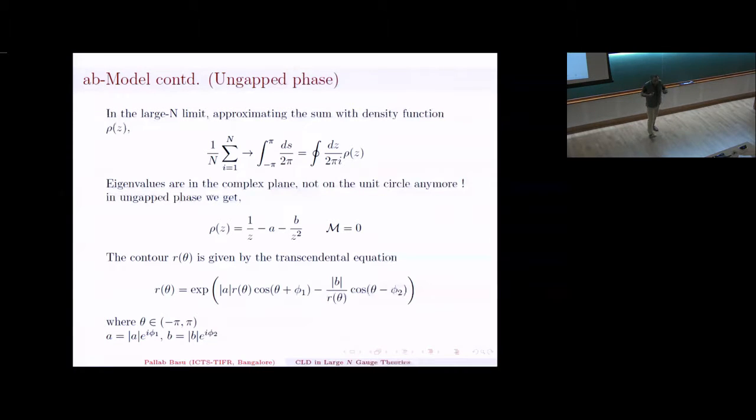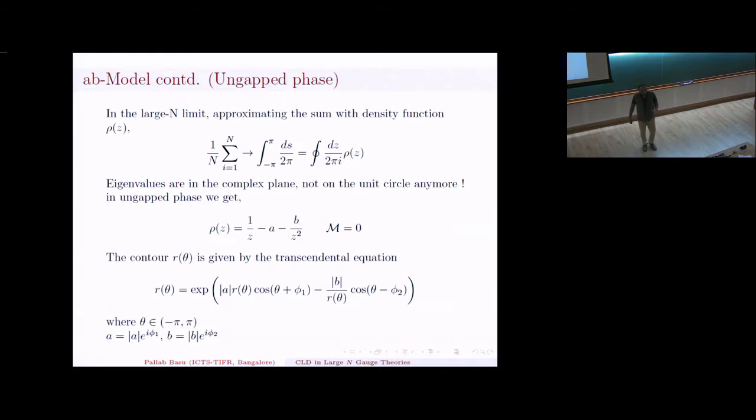Even if you look at a real integral, you often find, say, 1 by x square plus a square, or e to the power of something like x square plus i b x, or some other integral. There are many examples of it. Even though the integral is real, the saddle point of that integral actually lies in the complex plane. And somehow you have to deform the contour to do that integral.